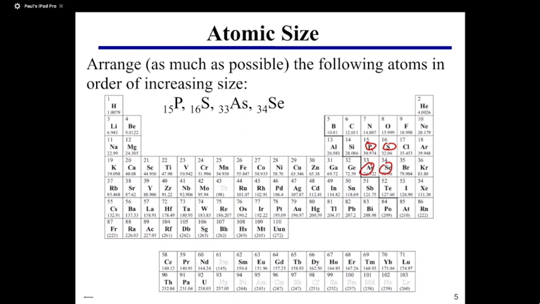Because one is one over and one is one down, we wouldn't be able to do that. I wouldn't put one on the exam like that. I would put at least 2 in one direction versus 1 in one direction. What about sulfur and arsenic? Which one's bigger? Arsenic. Arsenic is 1 down and 1 over, so it's bigger. So you could make comparisons between those for most cases.